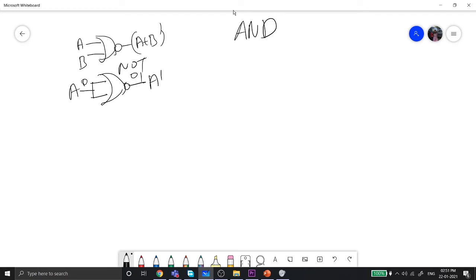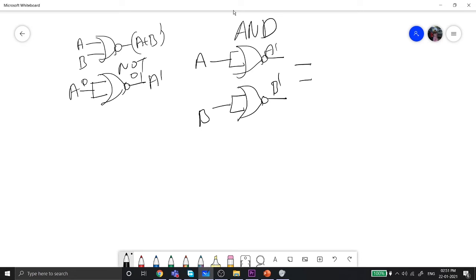But if we do the same thing, here A, here B, here it will be A dash, here it will be B dash, and we connect it to another NOR gate. What will happen?